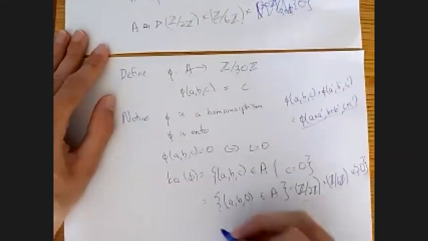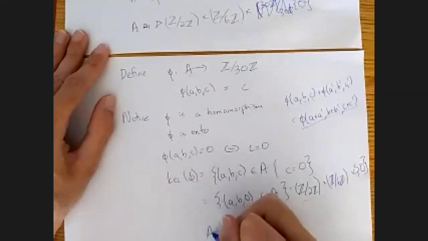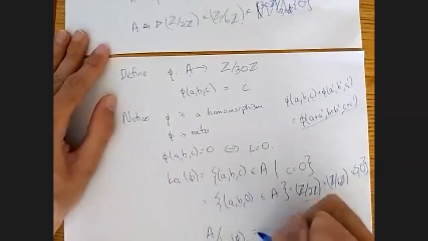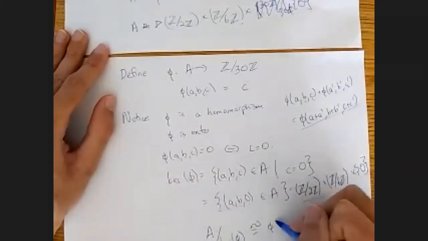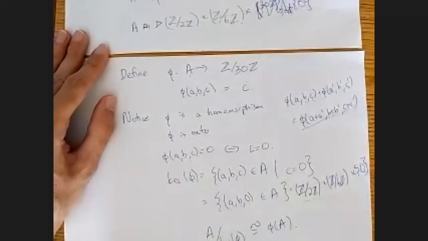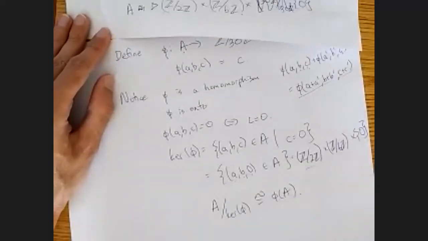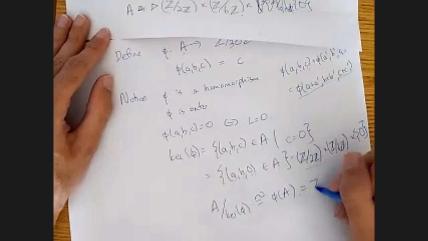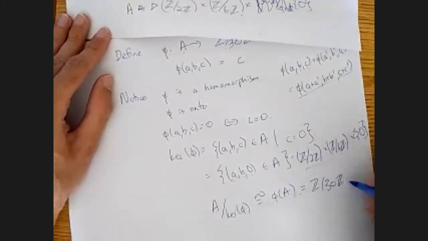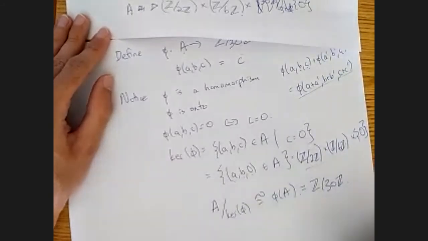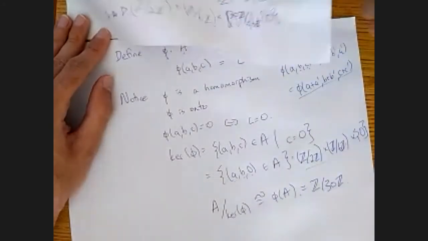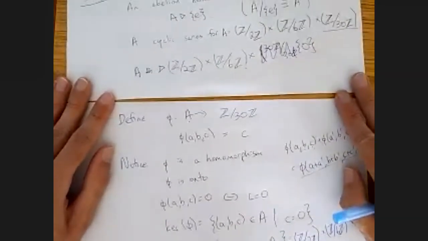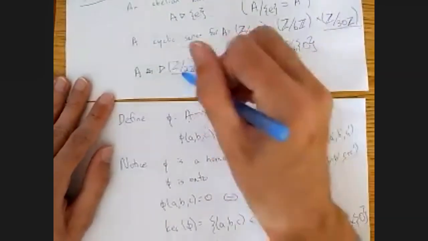So the first isomorphism theorem tells us that A mod the kernel of phi is isomorphic to phi of A. What is phi of A? Well, phi is onto, so this is just Z mod 30Z. And the kernel of phi is the subgroup we wrote down above. We proved this is the kernel of phi.